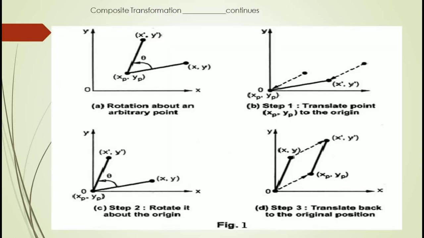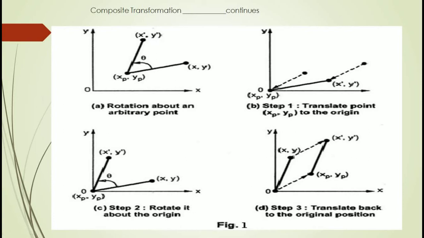Here is the image of our composite transformation. The first image is our xy plane with our x and y coordinates. We rotate this point through some angle theta, and the new coordinates are x dash and y dash.